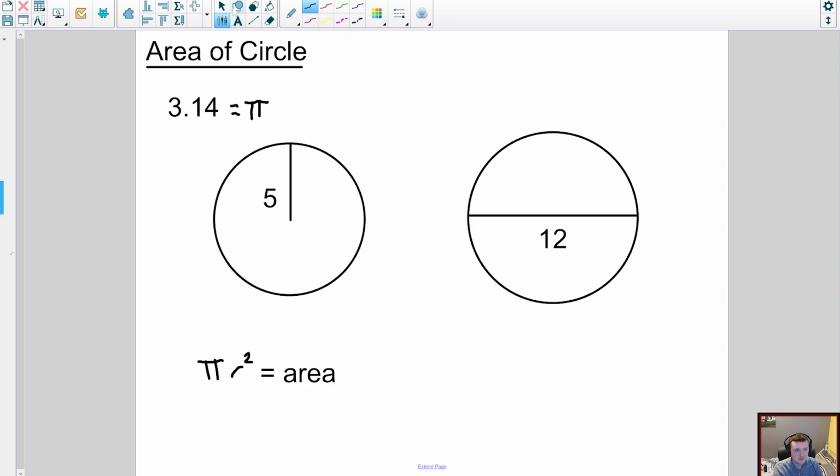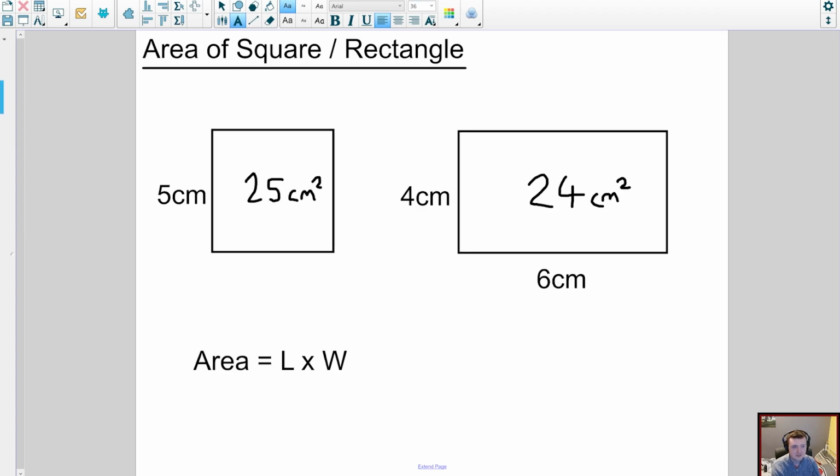It's 3.14. Radius on a circle is from the middle to the edge. So in this case, our radius would be 5. So I'm going to separate all these and explain what they all are. So r is 5. Now, I've got r squared. Well, what does r squared mean? Remember when we talked about our square? All the sides are the same. So if we go back to our square here, we had a 5.